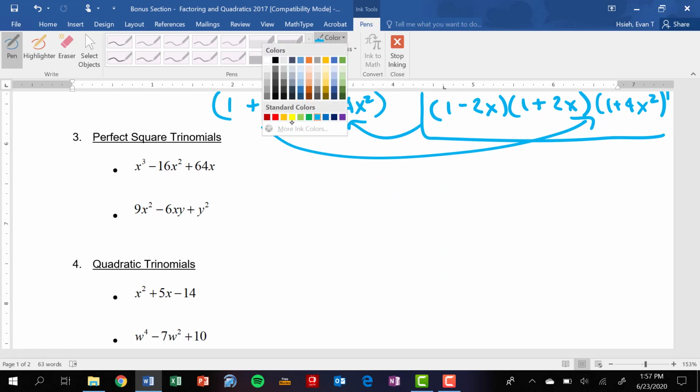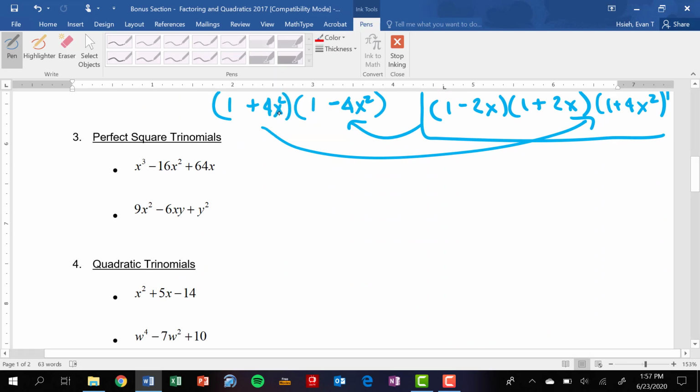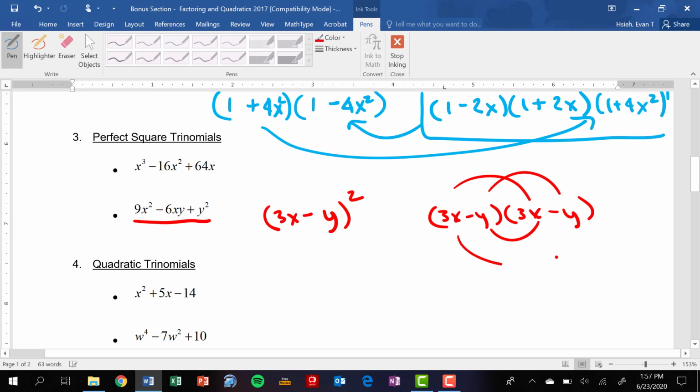The third type of problem is a perfect square trinomial. Basically, this is where when I factor this, for example, I'm going to end up with something squared, a binomial squared. And so in this case, it's going to be 3x minus y. Or in other words, you can always check your answer, right? If I did 3x minus y and 3x minus y, I can do the good old FOIL thing.